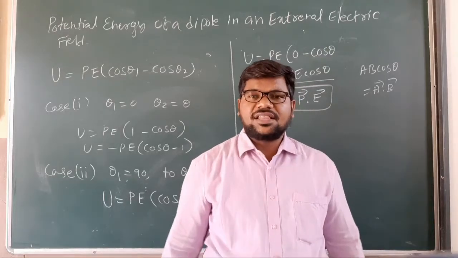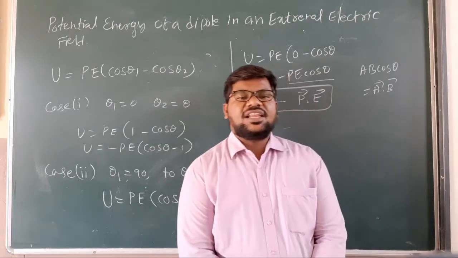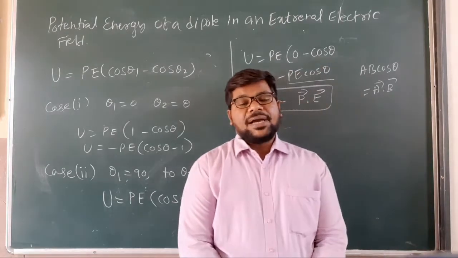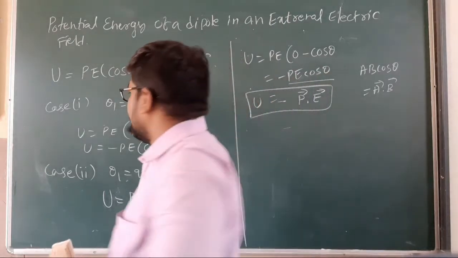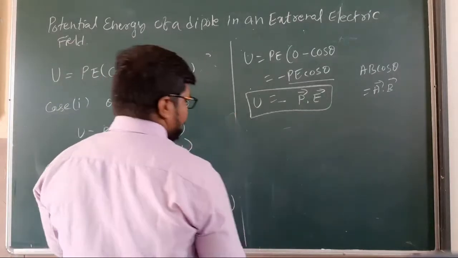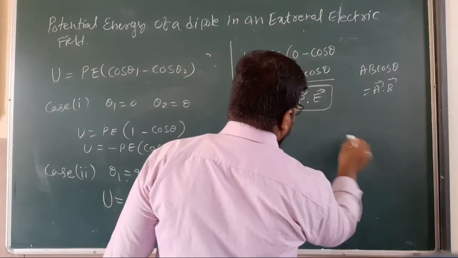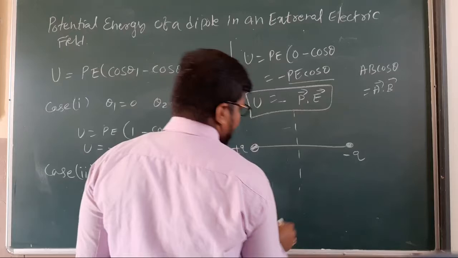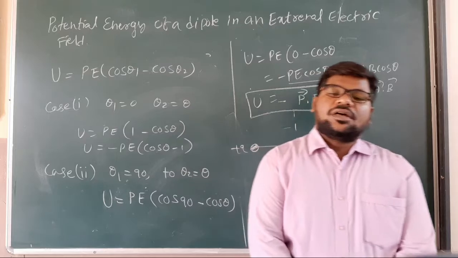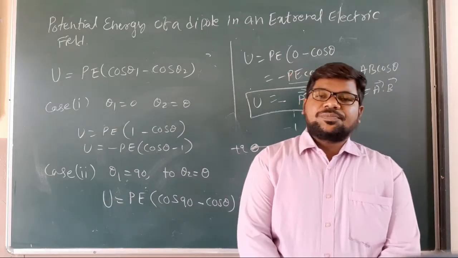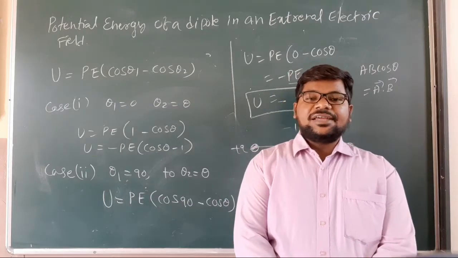Important keywords based on the electric potential energy. First one: electric potential energy at any point on the bisector of a dipole is 0.